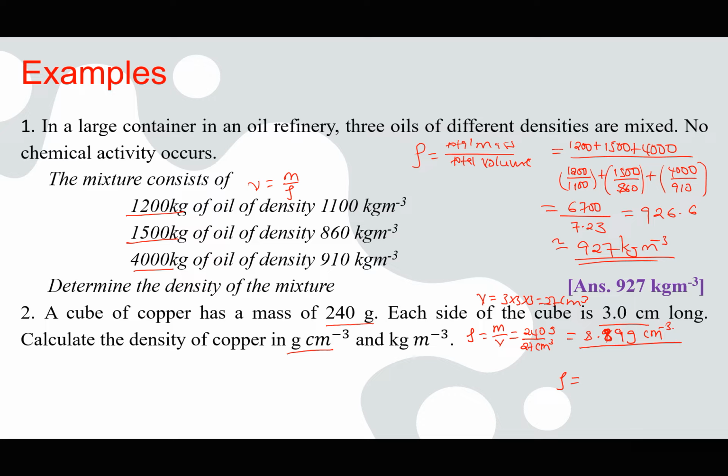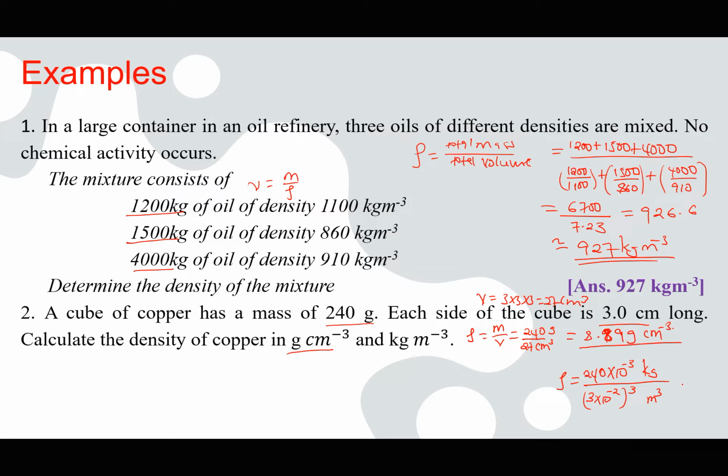So the density is going to be equal to 240 times 10 to the power of minus 3 to change it to kilograms, divided by the volume. The volume will be 3 times 10 to the power of minus 2, but this should be cubed, because it is 3 times 10 to the power of minus 2 times 3 times 10 to the power of minus 2 times 3 times 10 to the power of minus 2. In other words, I have to change the side to meters so that I can multiply when it is in SI units. So this is going to be in kilograms and this is going to be in meters cubed.